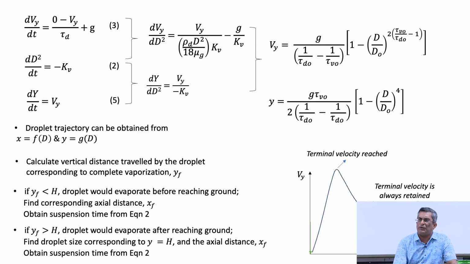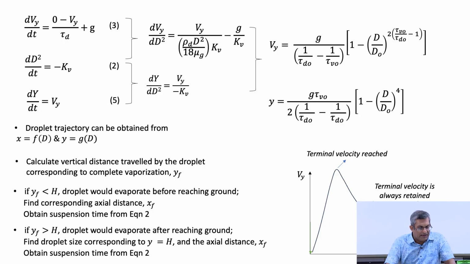And once you know velocity, in a similar way you can calculate the variation in the spatial location. Okay, basically here the right side is considered as a function of the previous time step. So that is why it's called explicit scheme.